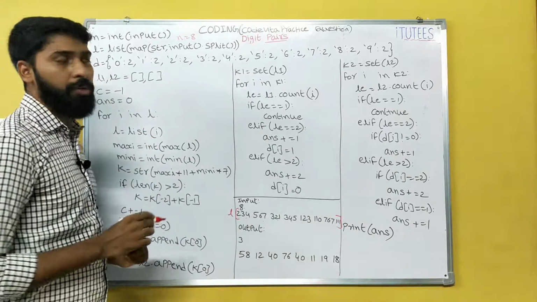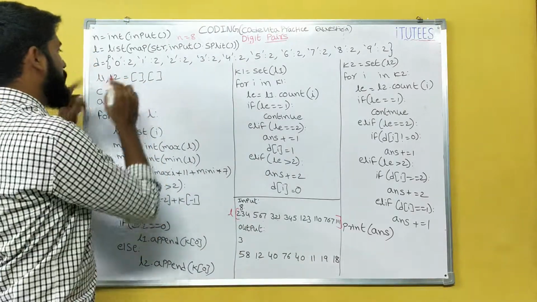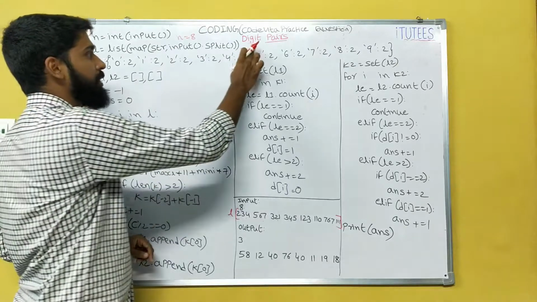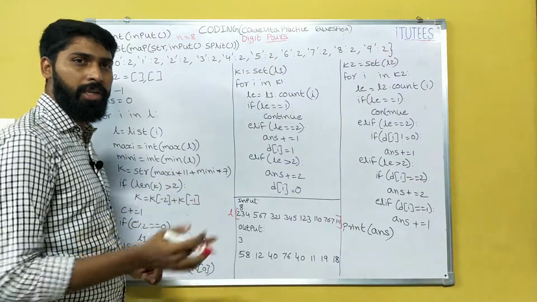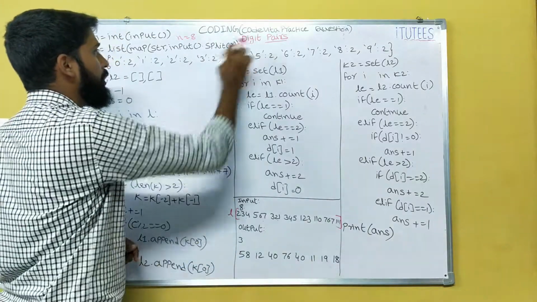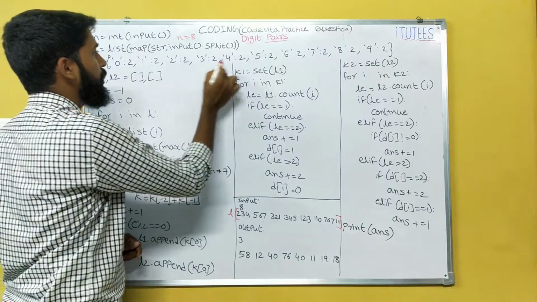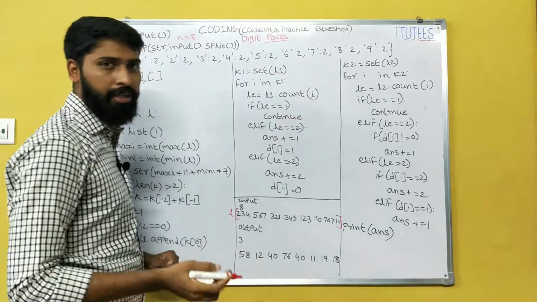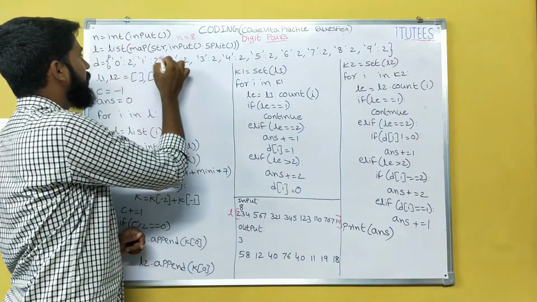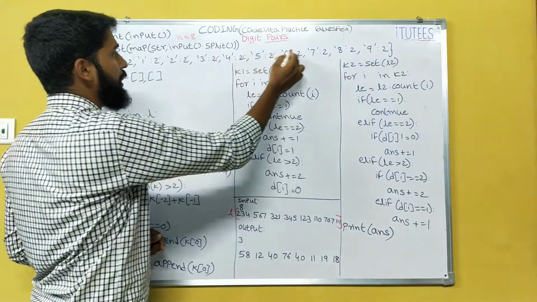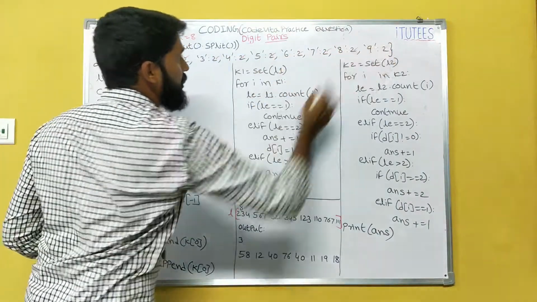We are taking one dictionary for digit pairs. How many maximum pairs per digit? Only 2 pairs. How many digits do we have? 0, 1, 2, 3, 4, 5, 6, 7, 8, 9, so 10 digits. All these digits are initialized with 2, meaning the highest pairs for a digit is 2.